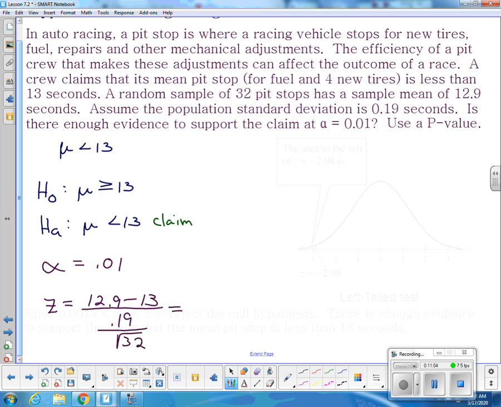So our z-score is negative 2.98. We have to figure out, is this a left hand, a right hand, or a two-tailed test? Well, since it says less than, this would be a left-tailed test.